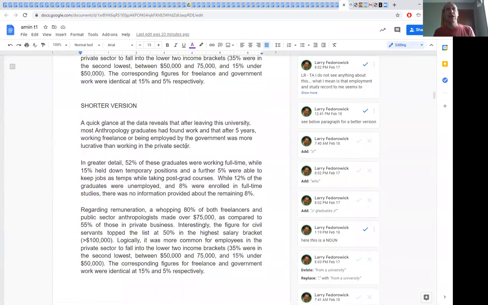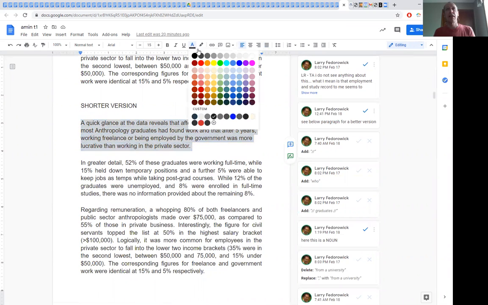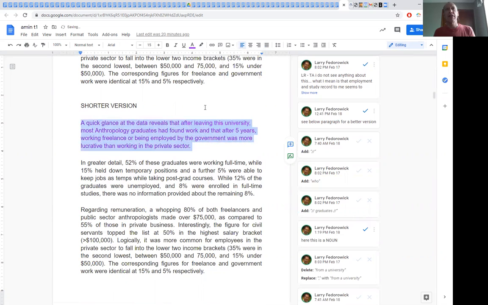So here's my shorter version. I'll put this again in purple, I guess. This is now trying to do the overall idea and the topic together. It may not be so complete, but it might be enough so that the reader knows what we are talking about.